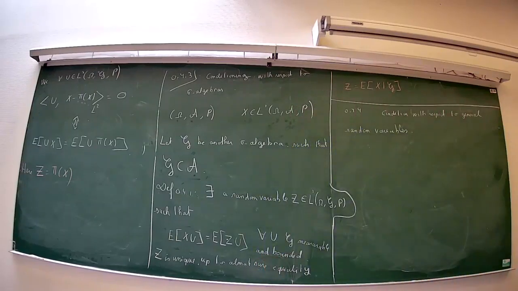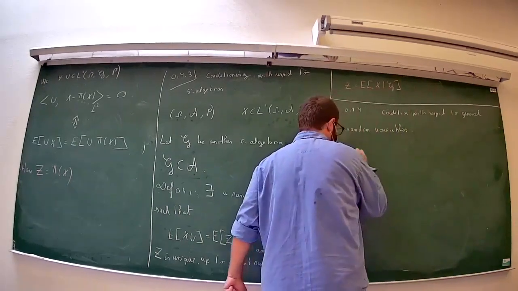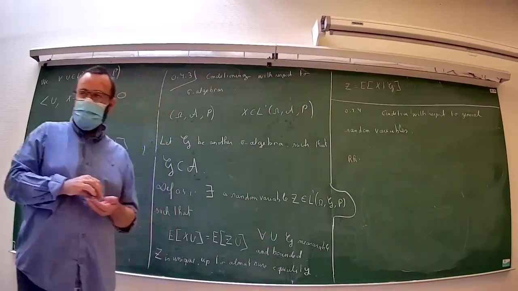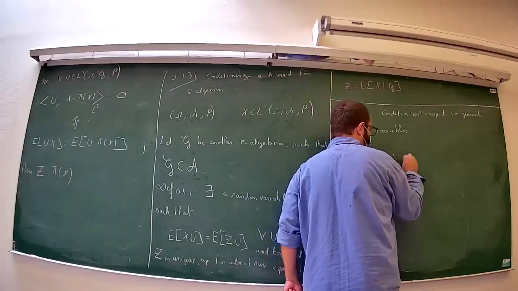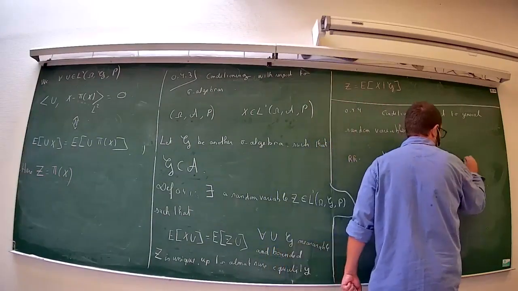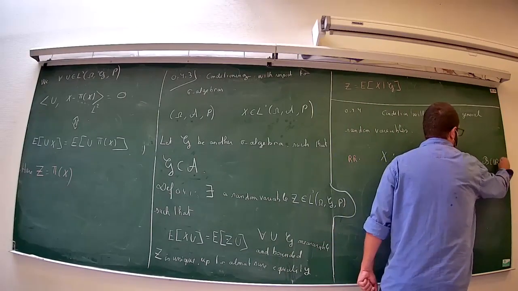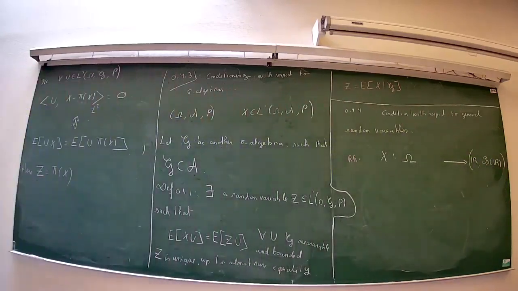Before that, we remark once again: if you have a random variable capital X, I repeat what I have already done, X is defined from the universe into R. I equip R with the Borel sigma algebra without ambiguity, but on omega I can have several possible choices for sigma algebras.